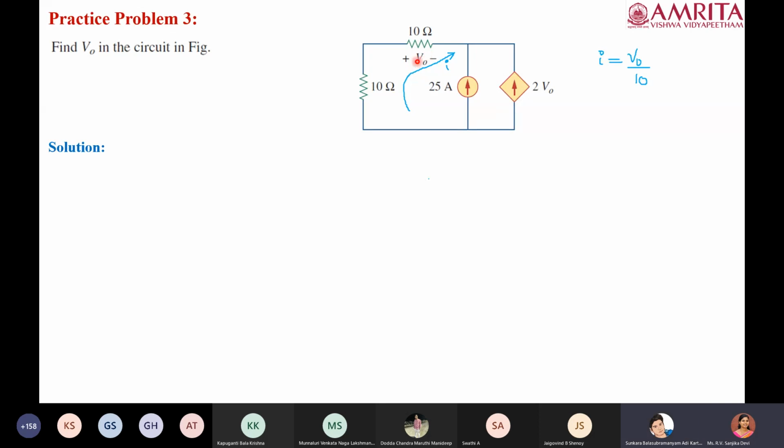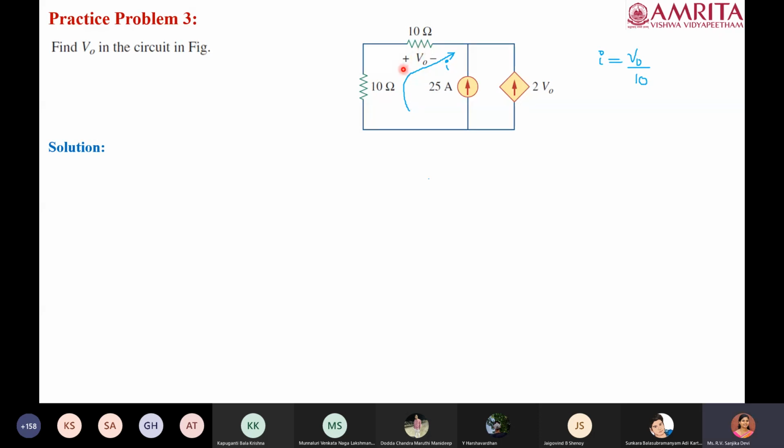Ma'am, in case there is a different resistance, like 10 ohm and 5 ohm? Even if it is 5 ohm and 10 ohm, the same current flows through them. When they are in series, the current is the same but the voltage across them differs. Yes, voltage will differ.